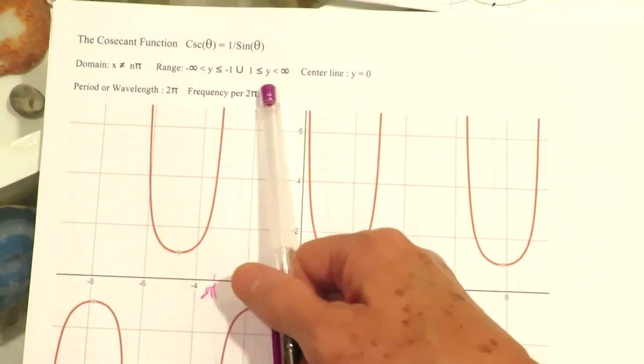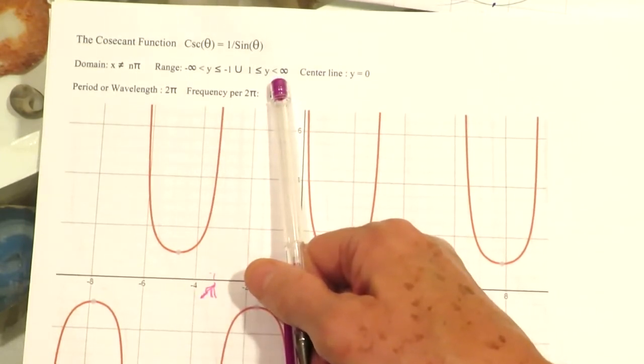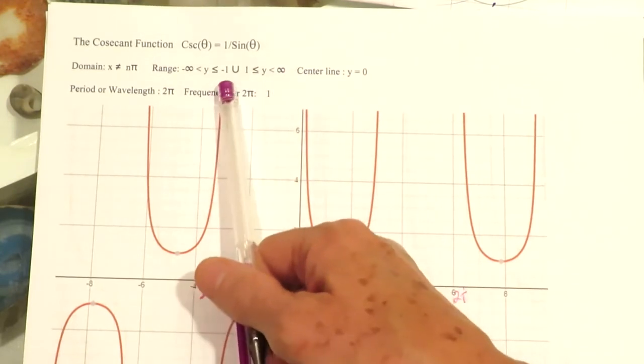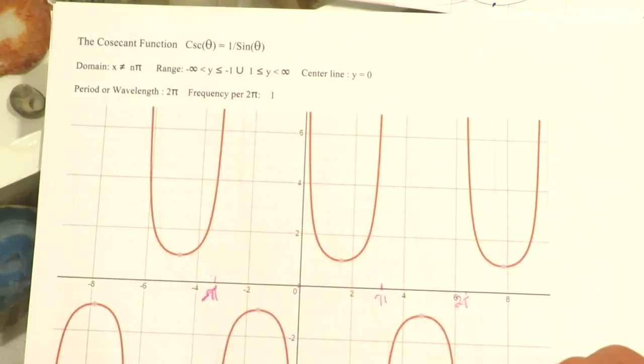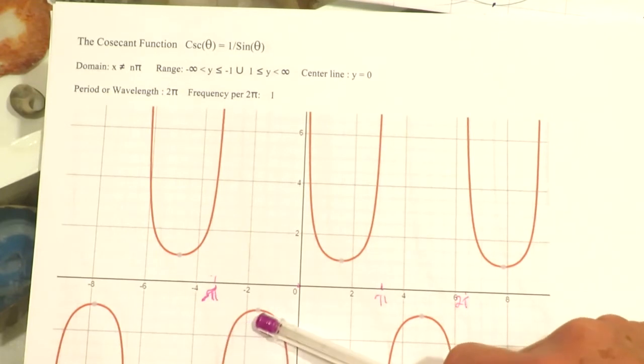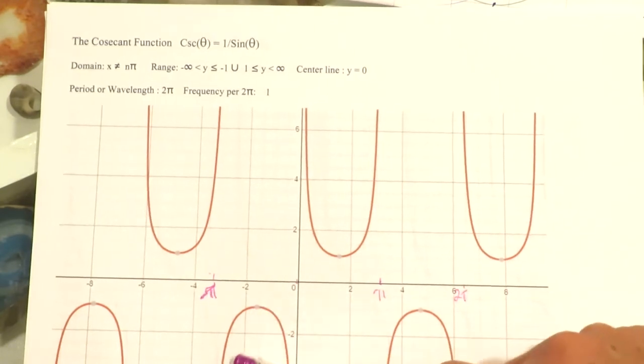The range is like the range for secant. So I know I didn't talk through it with secant, but it's the same for secant and cosecant. You're coming up from negative infinity and stopping at the tops of these downward facing U shapes. So we're going from negative infinity to -1, and then we turn back around again.